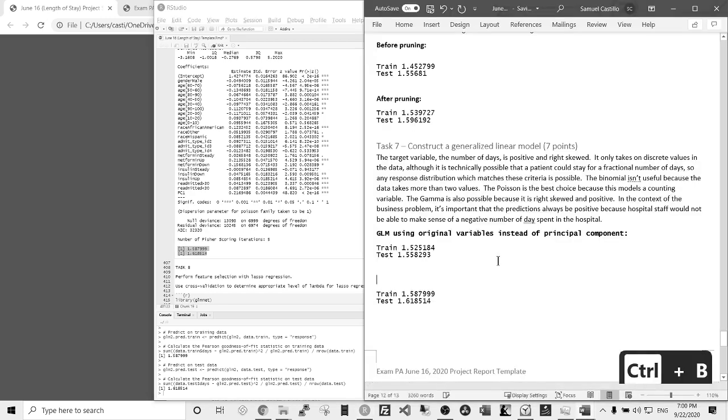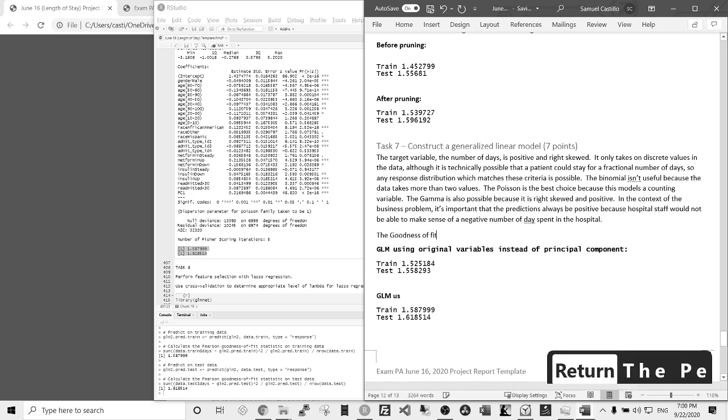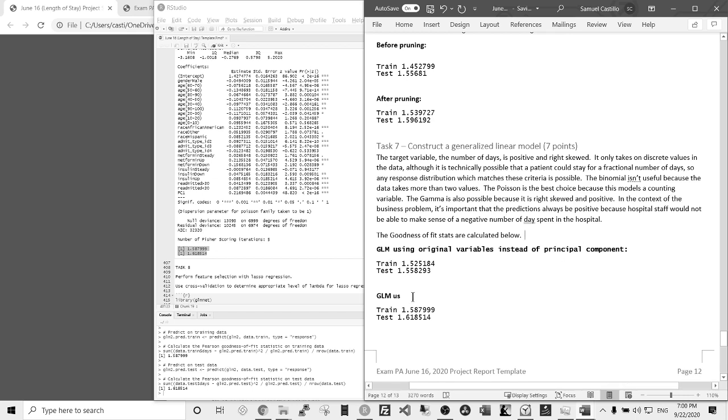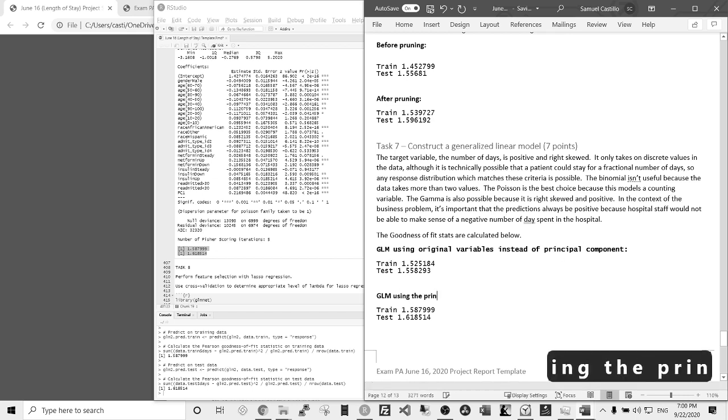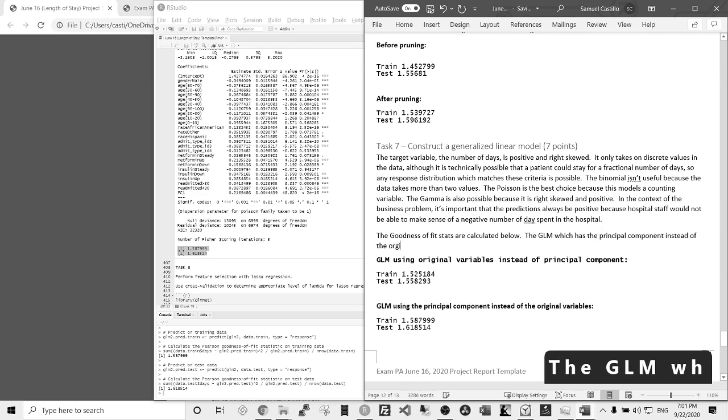And then this is GLM, but let me not say GLM, let me say goodness of fit. The GLM goodness of fit stats are calculated below. So I see here that the GLM using the principal component instead of the original variables has a test error which is slightly higher, a worse test statistic.